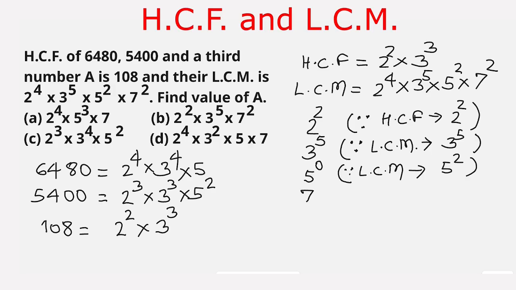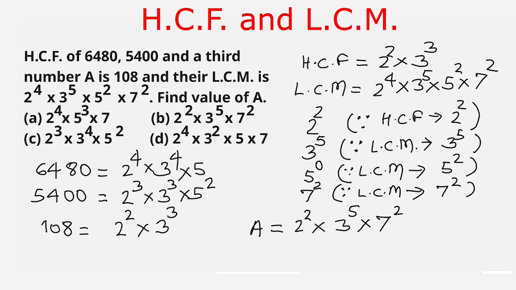So for LCM having 7 to the power 2, we must have the third number with 7 to the power 2, as we must have the maximum power of 7 which is in LCM. So the third number A should be 2 to the power 2 multiplied by 3 to the power 5 multiplied by 7 to the power 2, as I have taken 5 to the power 0. So I am not writing 5 in A.